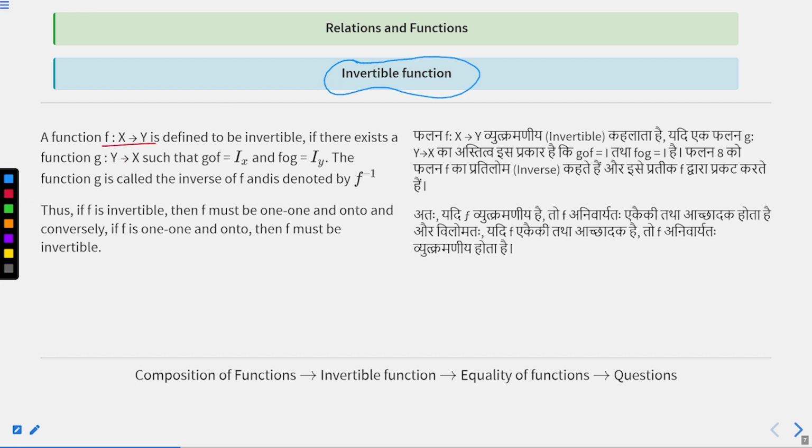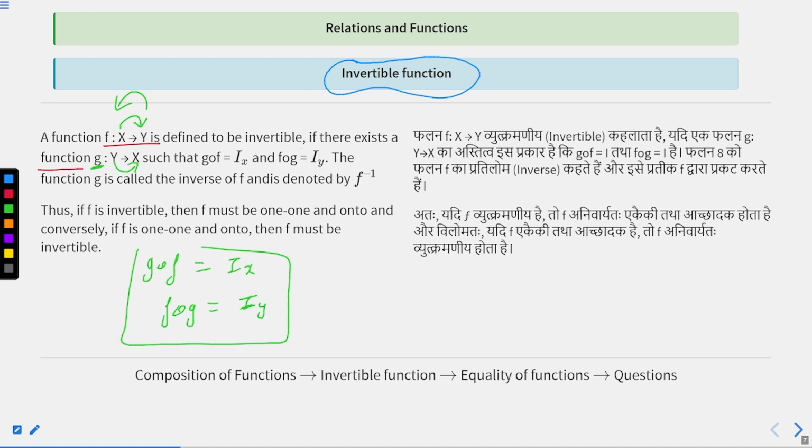A function f from X to Y is defined to be invertible if there exists a function g from Y to X. Keep this point in mind: if f is defined from X to Y and f is invertible, then the other function g is defined from Y to X, such that the composition g of f is equal to I_X and f of g is equal to I_Y. So what do we mean by that?